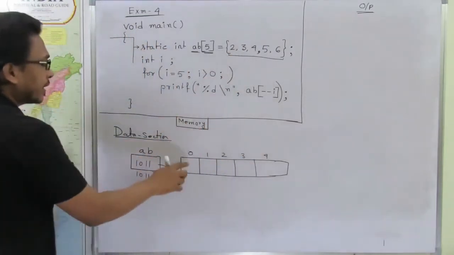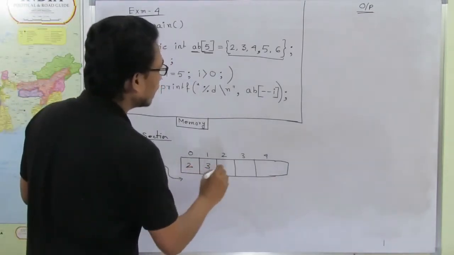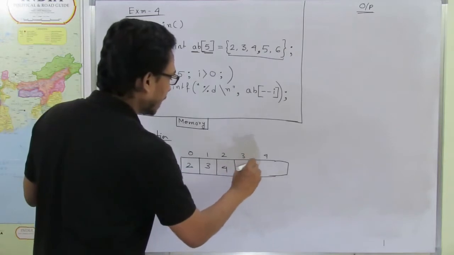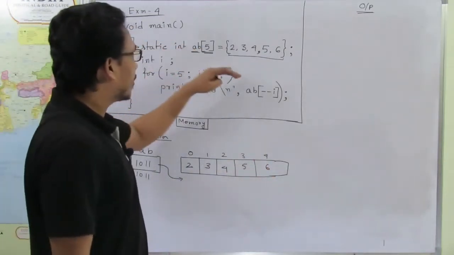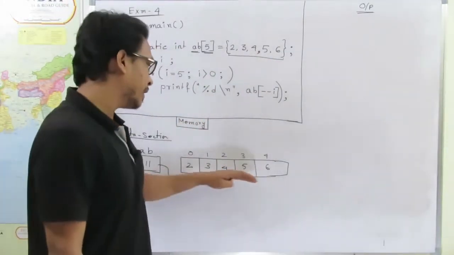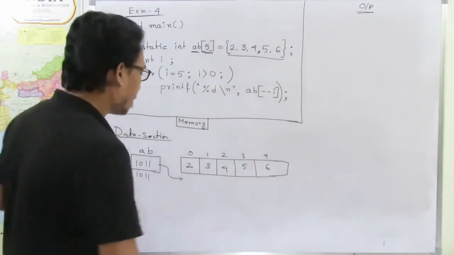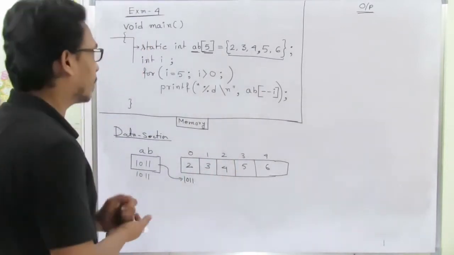The first element is initialized with 2, then the next element is 3, then 4, 5 and then 6. Now memory is allocated for this array and all the elements are also stored in their respective indices. Clear? Now the base address of this array we considered as 1011.